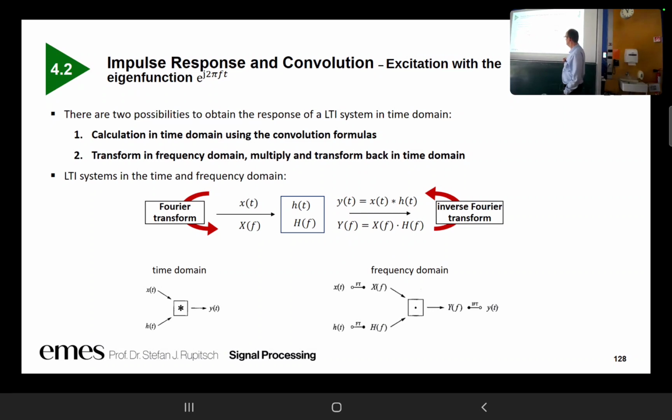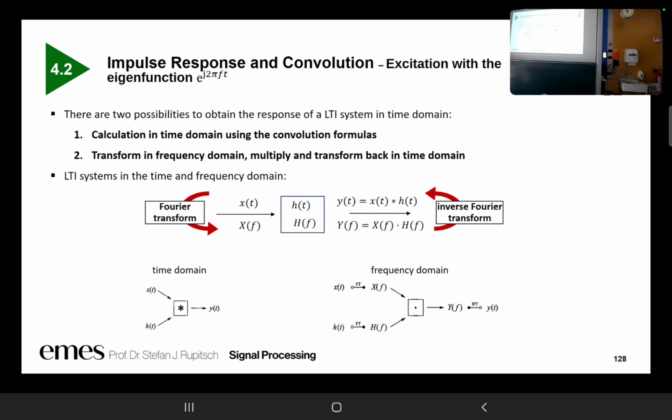This sounds very well, it looks nice, but unfortunately the problem is we always have to transform the quantities from the time domain to the frequency domain. However, this is pretty simple in most cases. It's not that complicated.